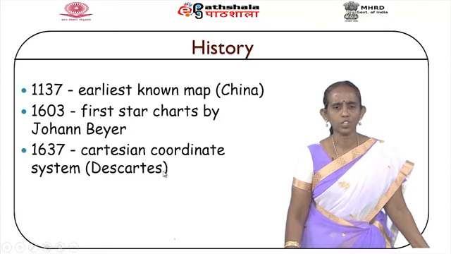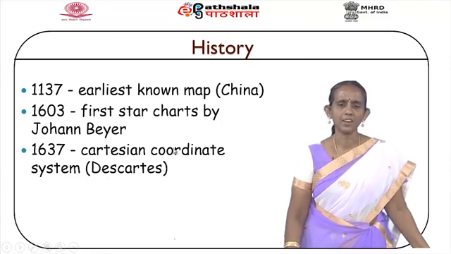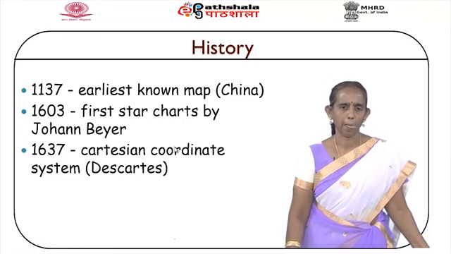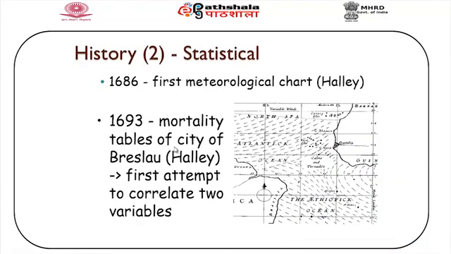In the Cartesian coordinate system, the entire data set is represented in the form of x and y axes, or Cartesian coordinates. Then, as an extension to this, in the year 1686, the first meteorological chart was formed by a person named Halley, and the chart is also named Halley's chart.